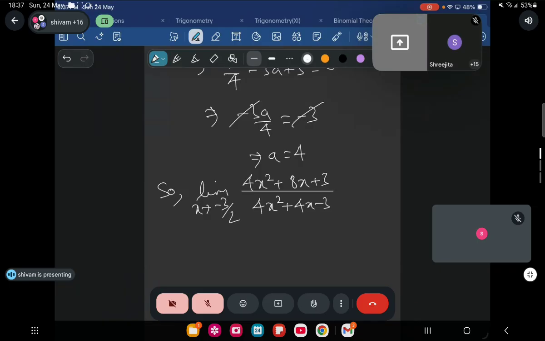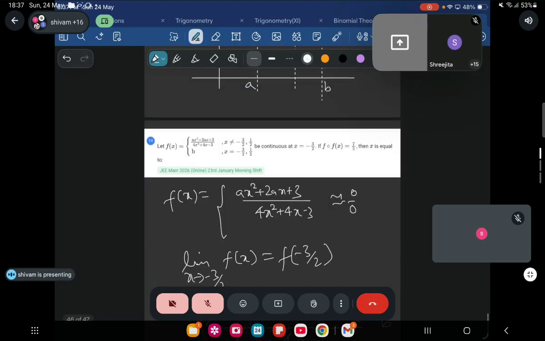So over here, x equal to minus 3 by 2. Wait a minute, 4x square plus 8x plus 3.